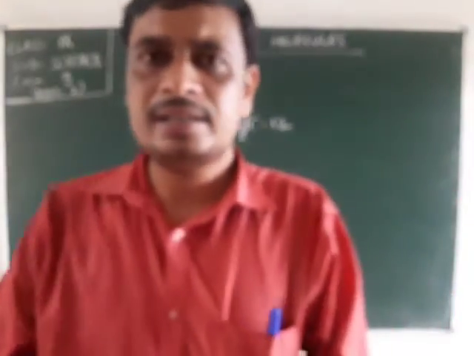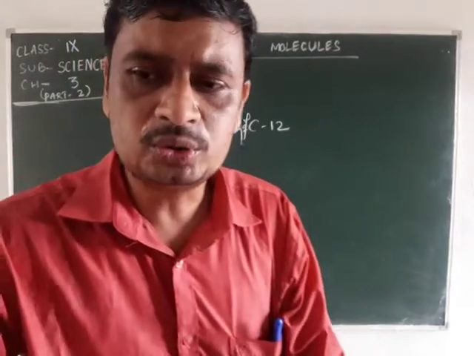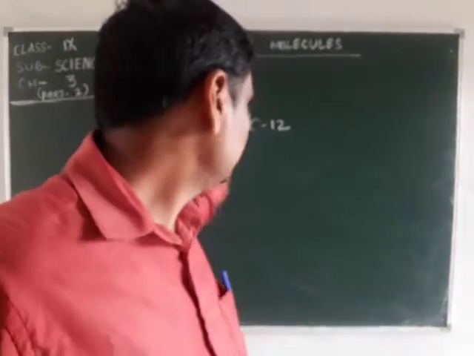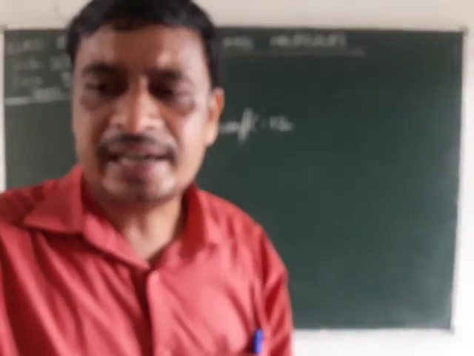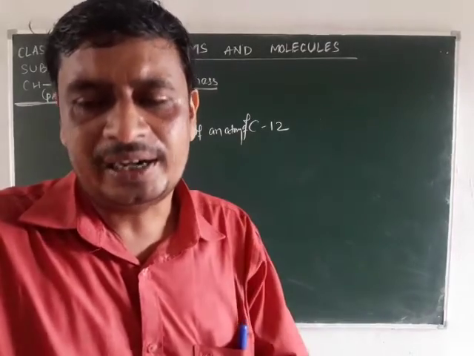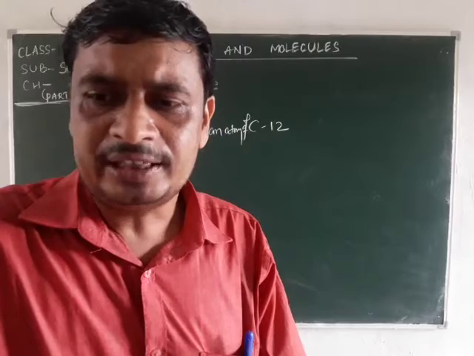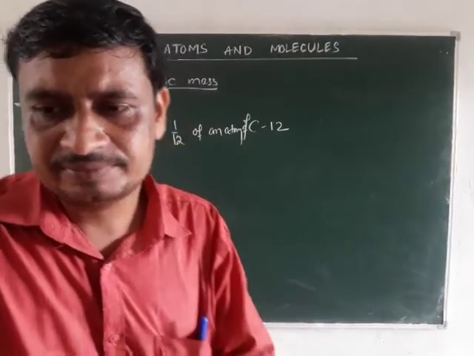Whenever we find the atomic mass, we have to refer to this mass, 1/12 of the mass of one atom of carbon-12 isotope. The relative atomic masses of all the elements have been found with respect to an atom of carbon-12.